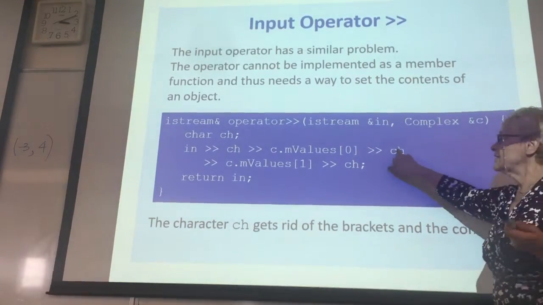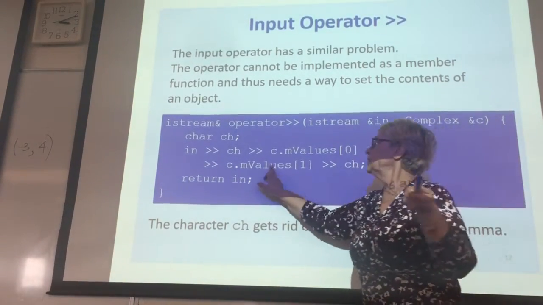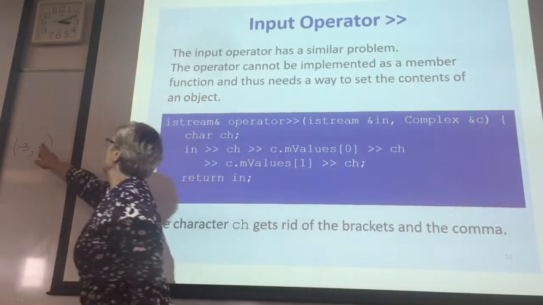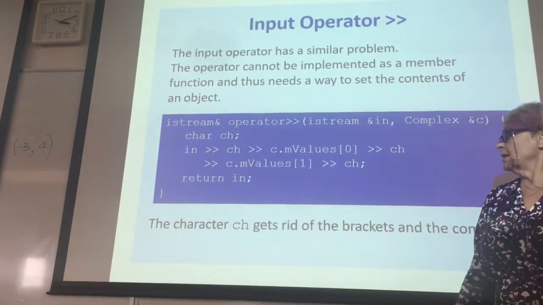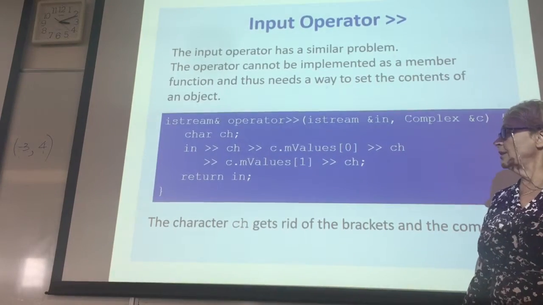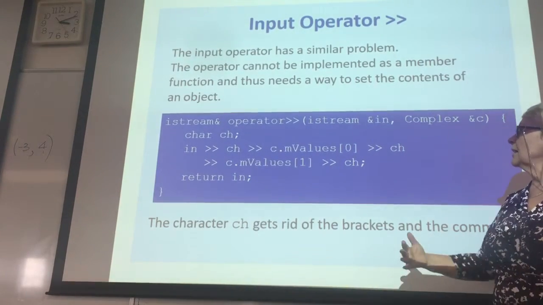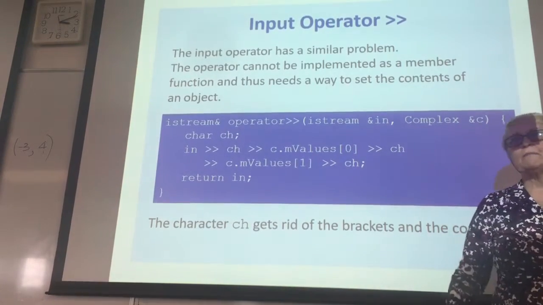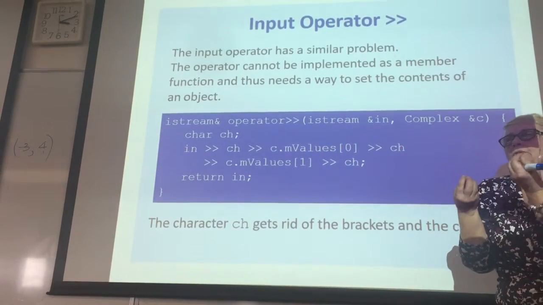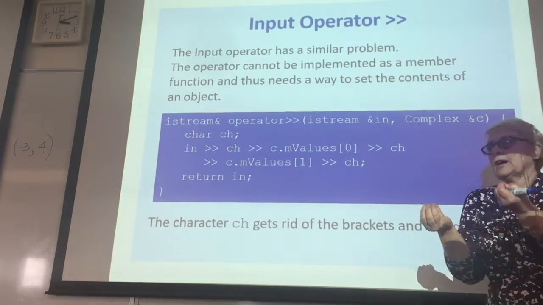In this case, this is to read the comma, this is to read the second value, and this is to read the last bracket. And with this, we assume that we end up with this parameter with the two values which are of interest for the type.